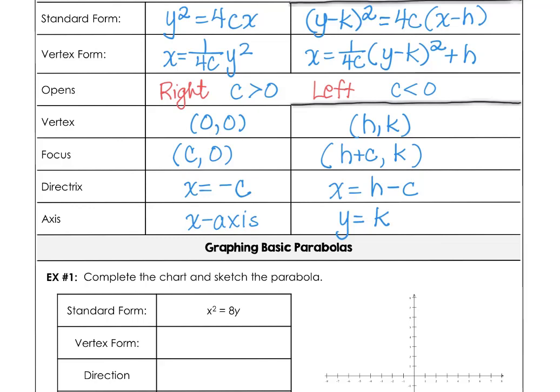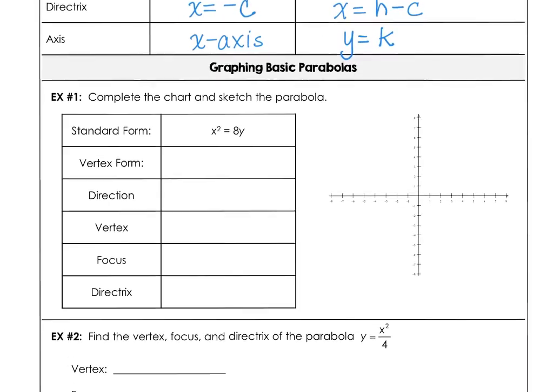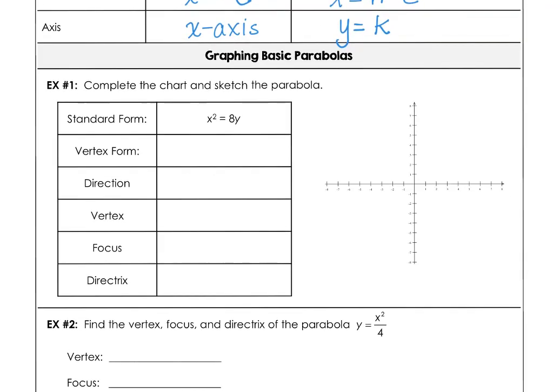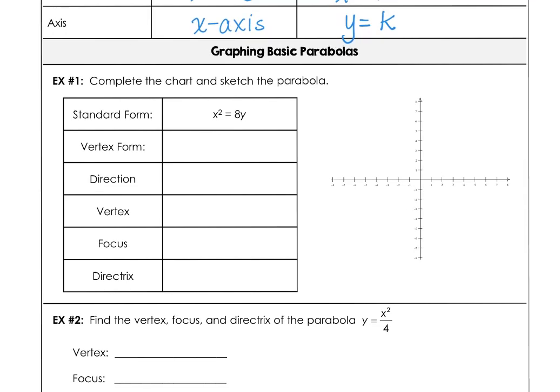So let's take a look at some of these. We'll start off with an easy one. x squared equals 8y. So solving for vertex form, we have y equals 1/8 x squared. Now this value, our c value, so 4c equals 8, our c value is 2.